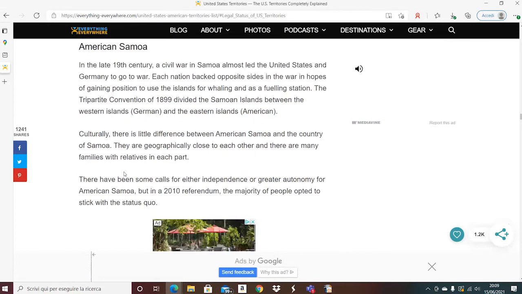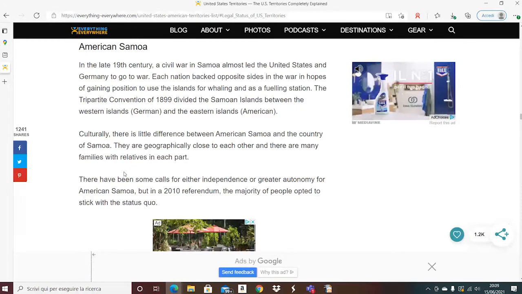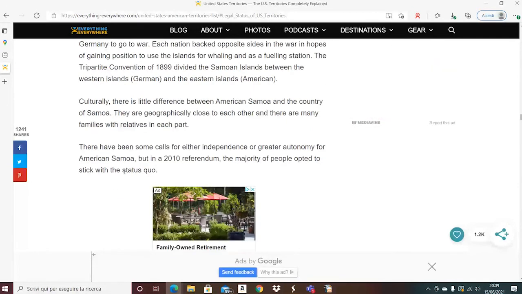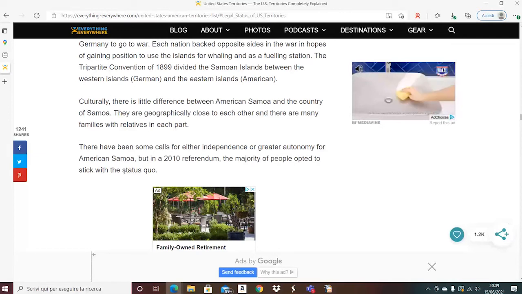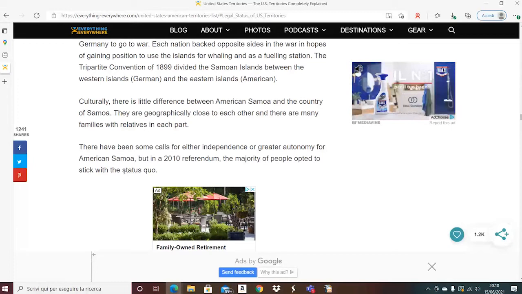They are geographically close to each other, and there are many families with relatives in each part. There have been some calls for either independence or greater autonomy for American Samoa. But in a 2010 referendum, the majority of people opted to stick with the status quo.